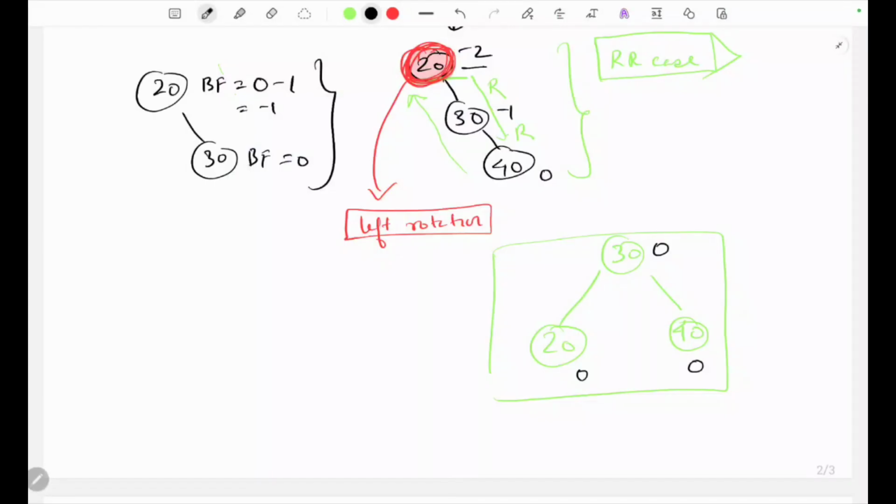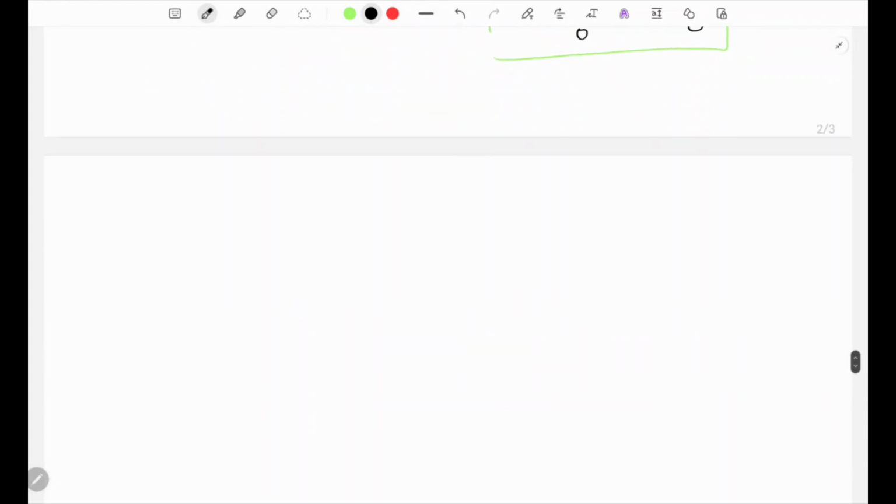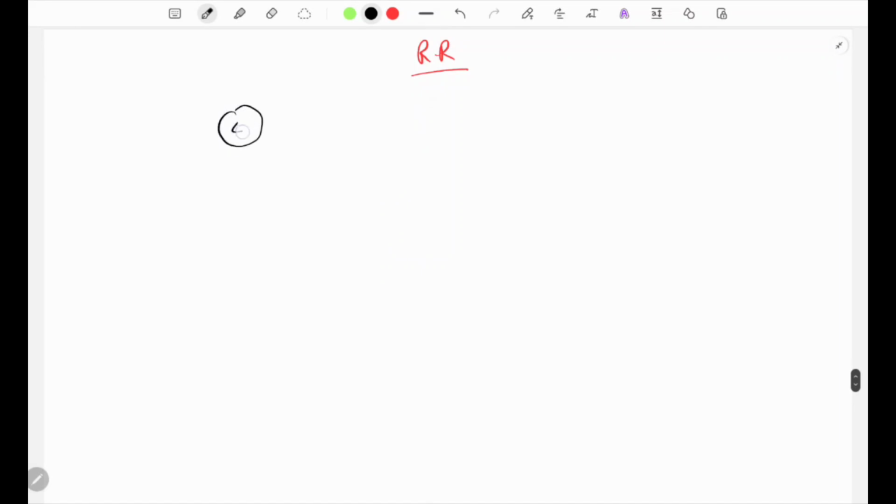Let's understand the RR case with much more detail right now. This is an RR case. So this is my C node, this is my B node, this is my A node.